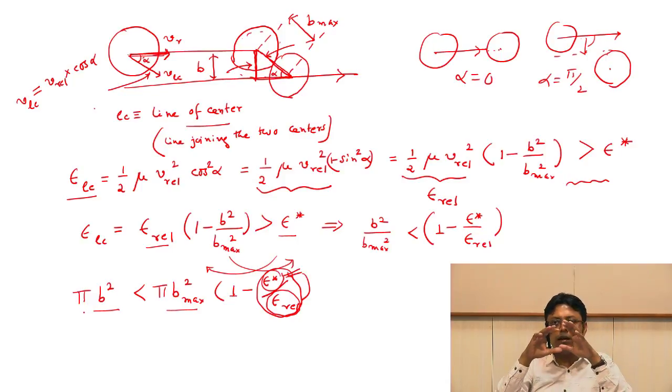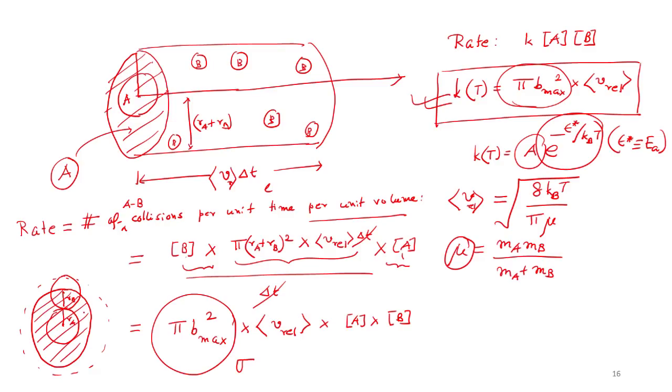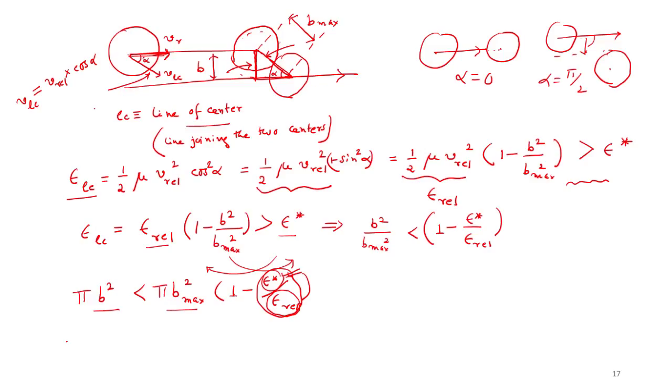In the earlier case there was an effective cross section, and if all the collisions hit it, the cross section would be nothing but pi b max squared. However, we are now saying that not all of this cross section will give a reaction, only a fraction of it. Which fraction? Say, only this area, which we are drawing like this. A smaller area is giving me a reaction.